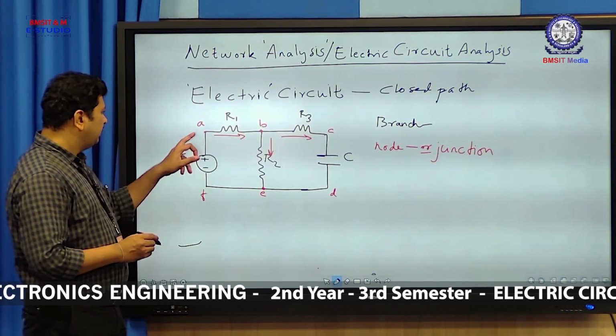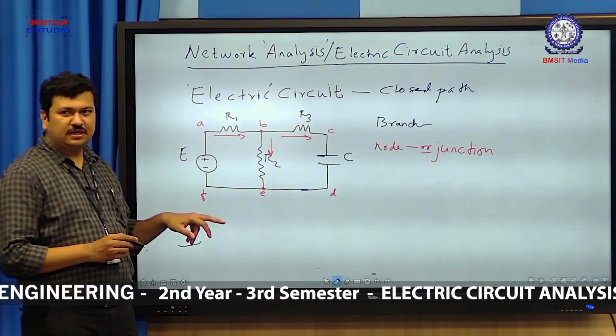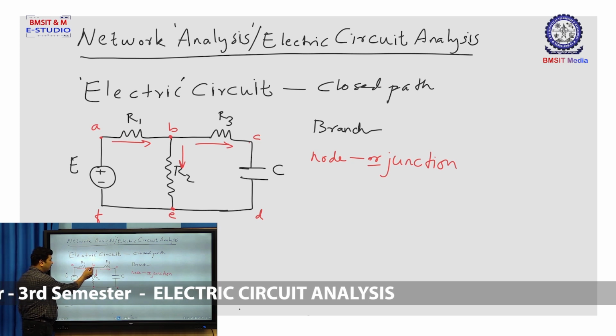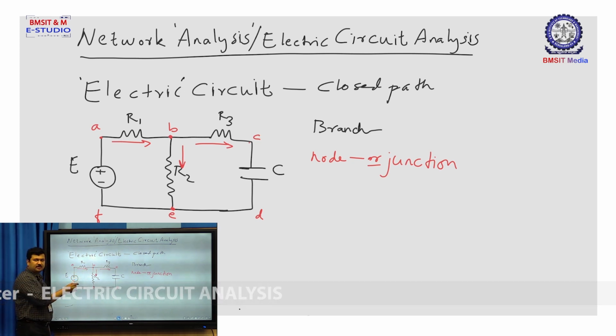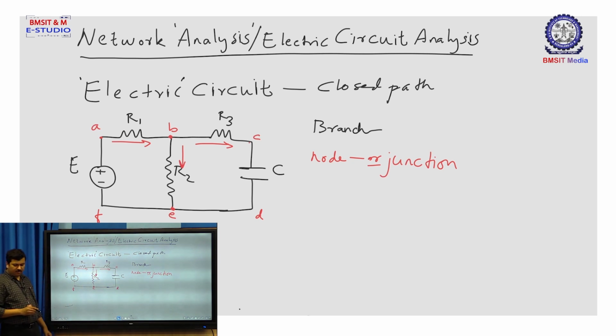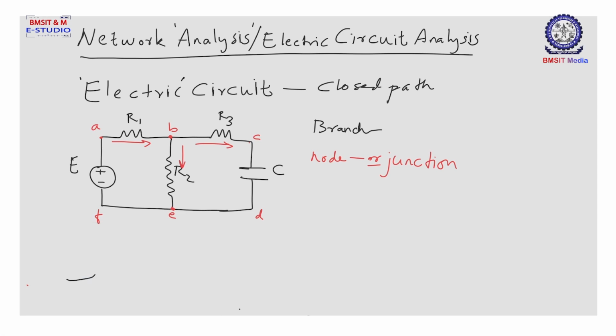So, they form corners of the circuit, but not the nodes of the circuit. Whenever the current is flowing in the circuit, the current gets divided only at point B and point E. Therefore, we call these two the nodes.